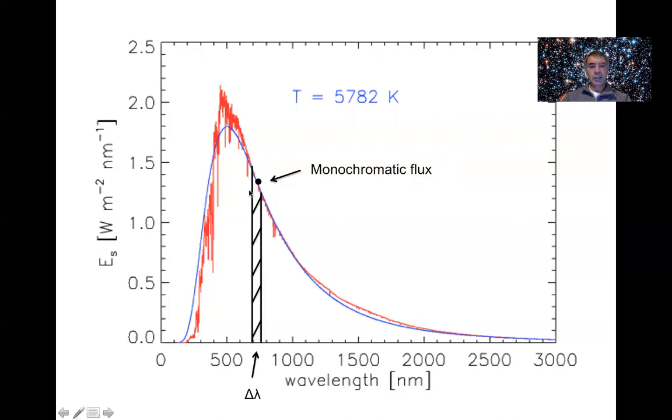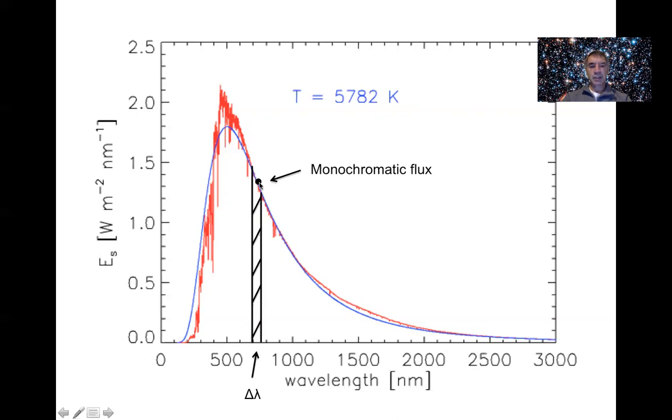So this is the idea that the monochromatic flux effectively is a particular data point on this spectrum somewhere. Okay, so it's the flux at a particular wavelength. Okay. And you can see the units here. They are indeed, this is a unit of flux, watts per meter squared per nanometer. Okay. And here's the wavelength in nanometers going up here.